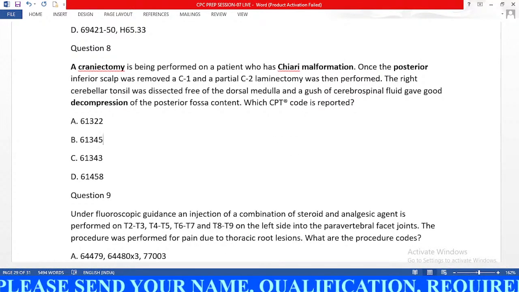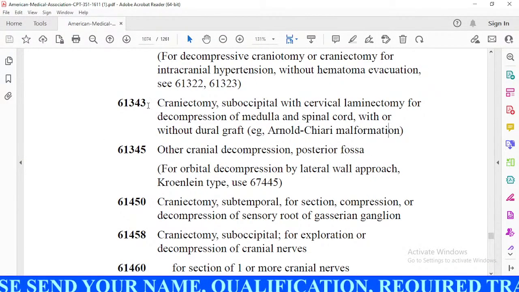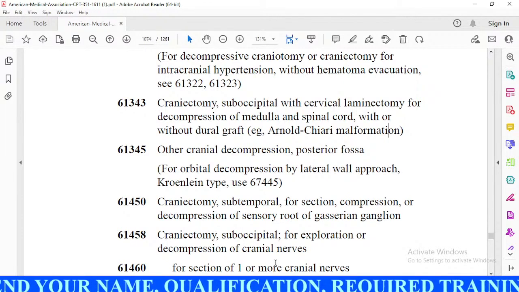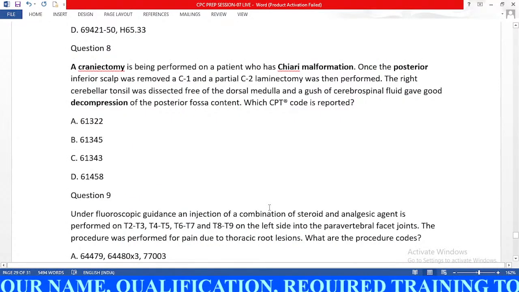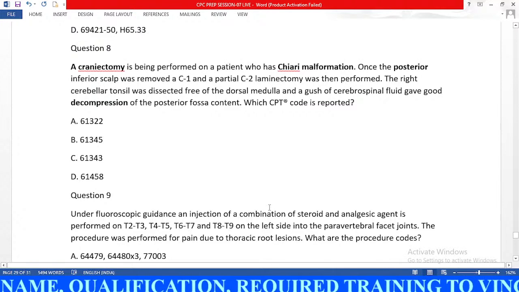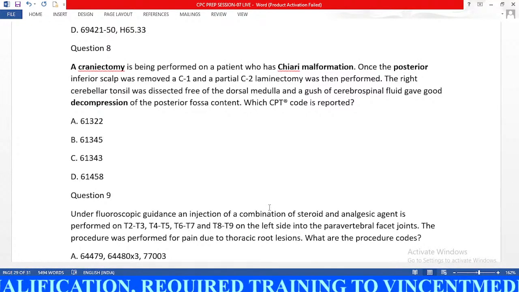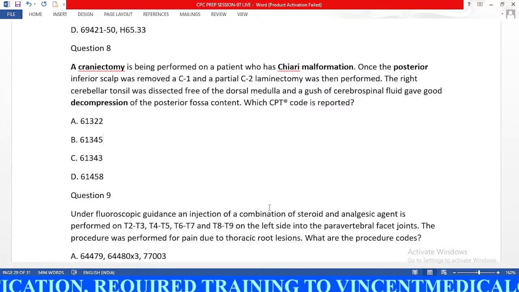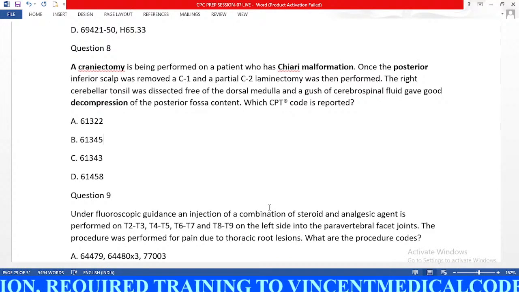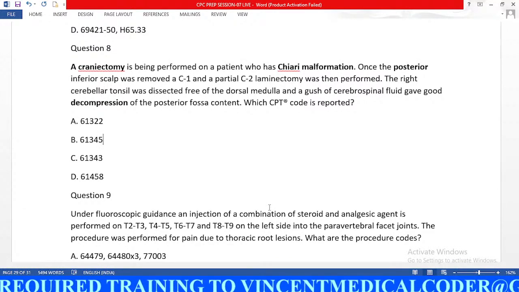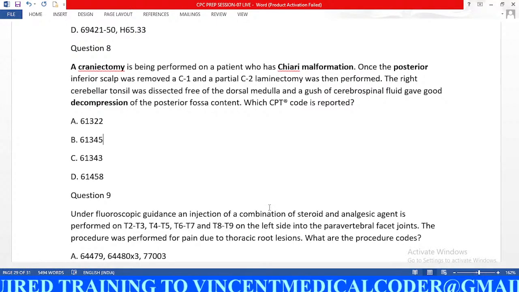So directly we can select 61343 as the correct answer. Try to remember that using the diagnosis we can also identify the CPT procedure. For example, if you take condyloma, you can find condyloma in the CPT book, so directly you can code that CPT procedure.